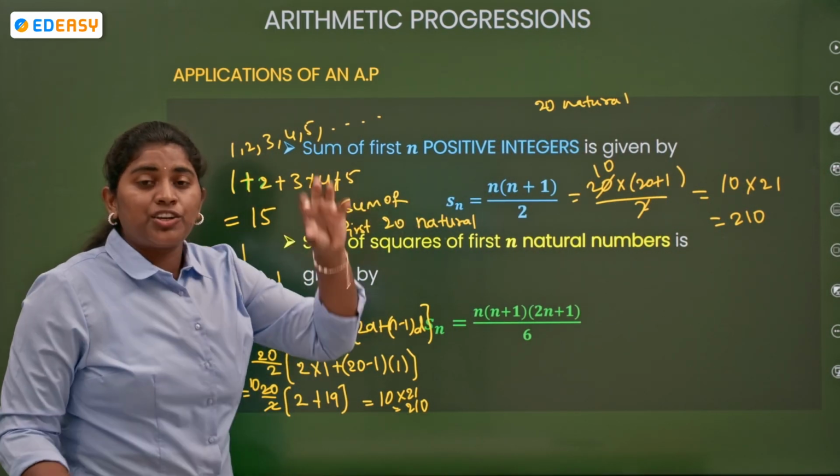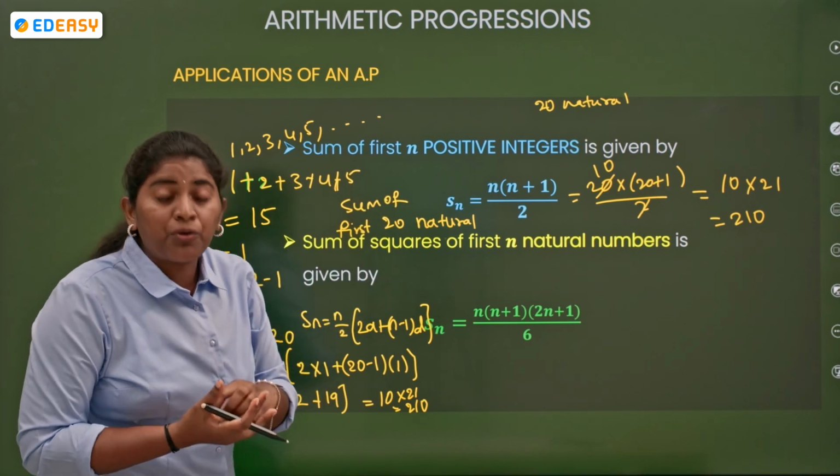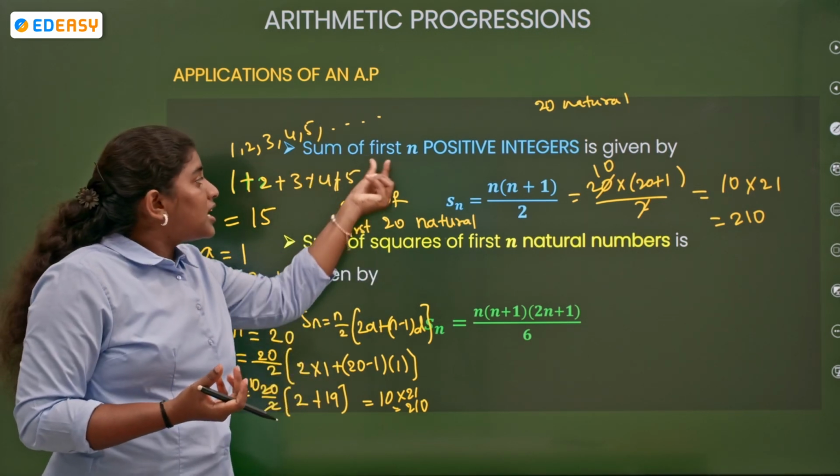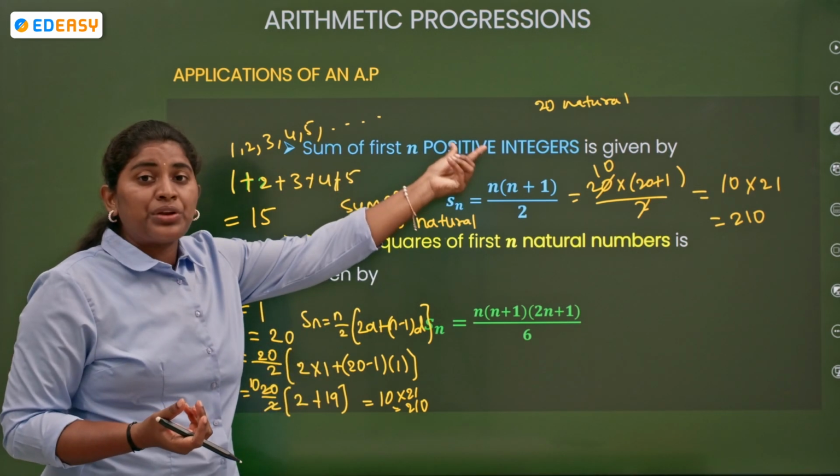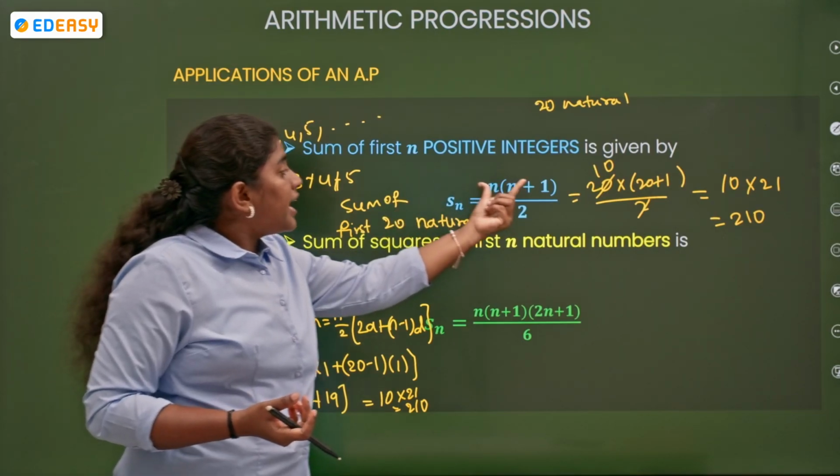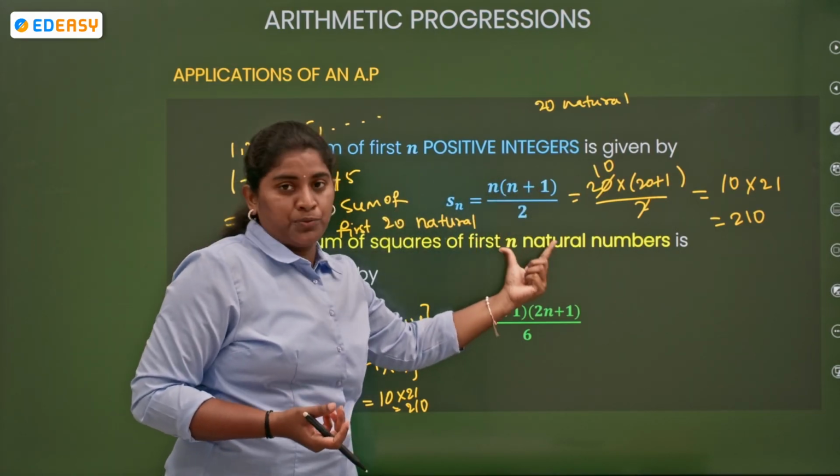For that reason, using the concept of arithmetic progression, we have the sum of first n positive natural numbers as n into n plus 1 by 2.